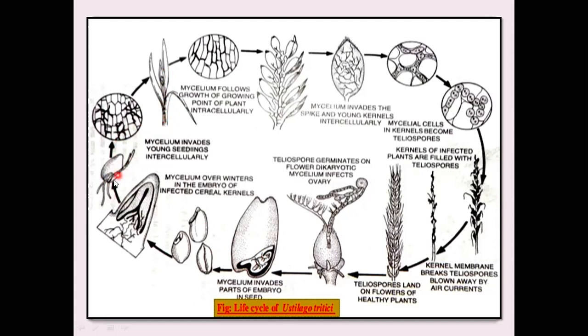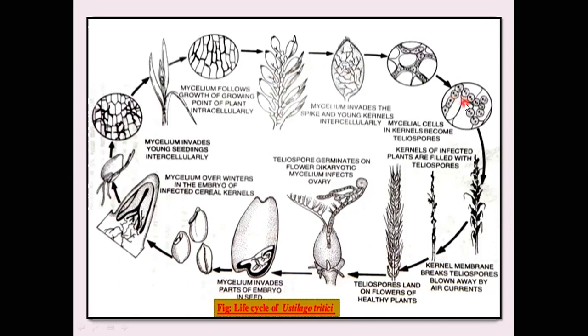Means this mycelium persists in the growing wheat crop up to the development of the ovaries in the airheads. Means at the time of the development of the ovaries, this mycelium becomes active and enters the developing ovaries. So these developing ovaries are totally converted into smut sori.